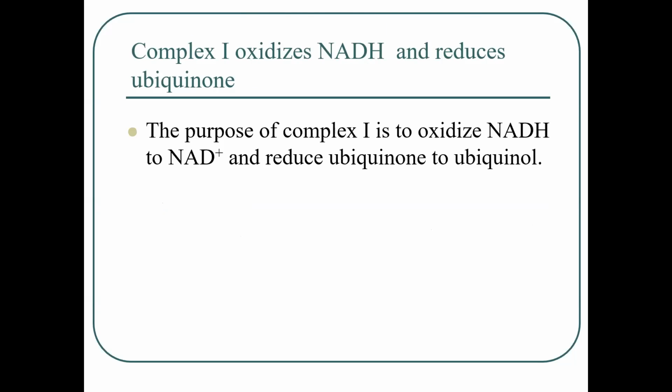So this protein will oxidize NADH to NAD. Those electrons will move through a series of carriers. Eventually, those electrons will go to ubiquinone, and ubiquinone will be reduced to ubiquinol. There are 3 subunits that will oxidize the NADH.